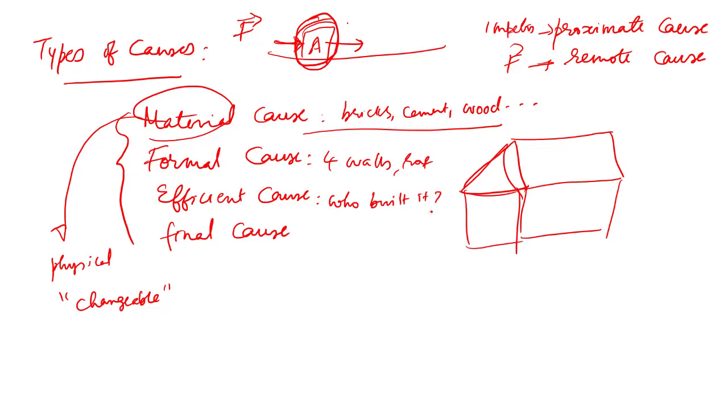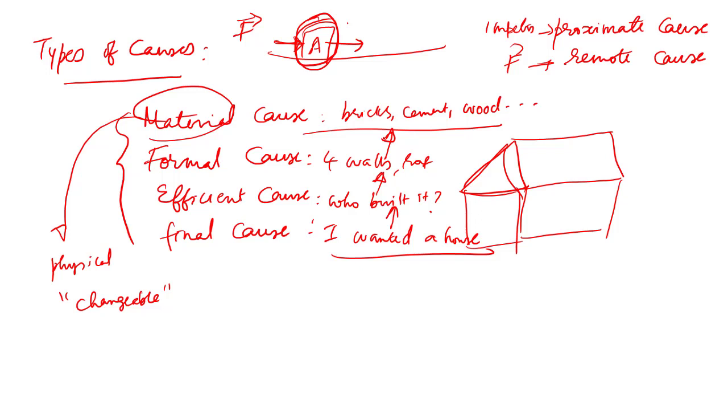Why did he build? Well, I paid him to do so. I wanted a house, right? So I wanted a house, and so I got a builder to build it, and that builder had a design to build it, and then he used the right materials for the right things and actually built the house.